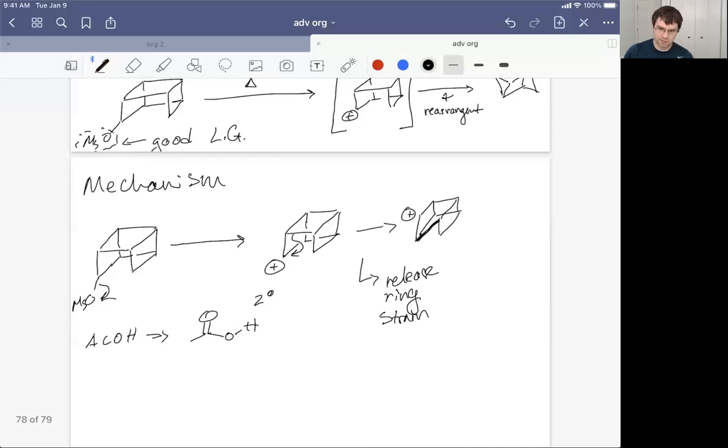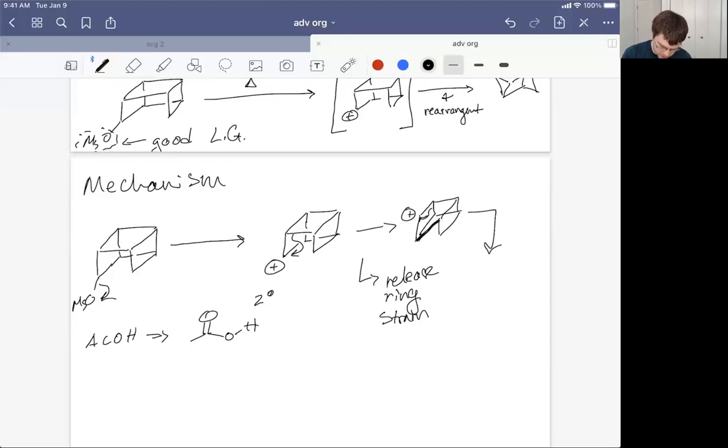And it turns out that what we could do at this point is start to count some carbons around the molecule and recognize that we're actually pretty close to our final product. Now all we have to do is move this bond over here. Okay, so we're just sliding that over.